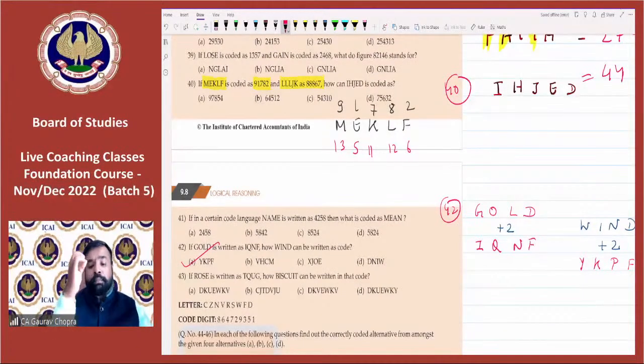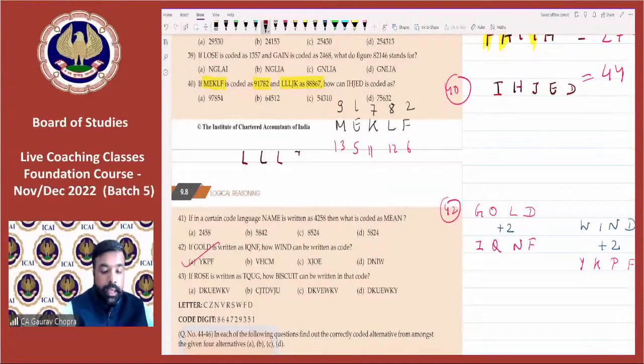That means we have done minus 4 from each of them. Similarly, triple L, J, K. Triple L is 12, 12, 12. Then what is the position of J and then K? J is 10, K is 11.